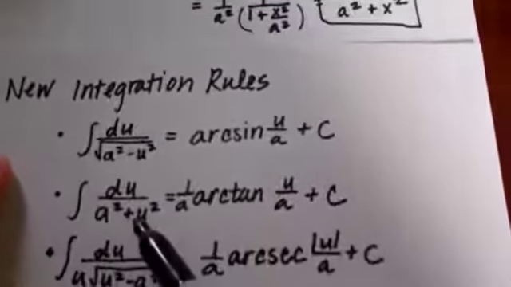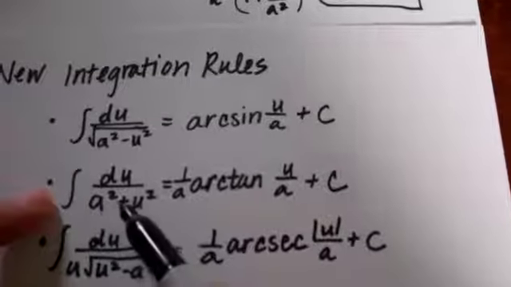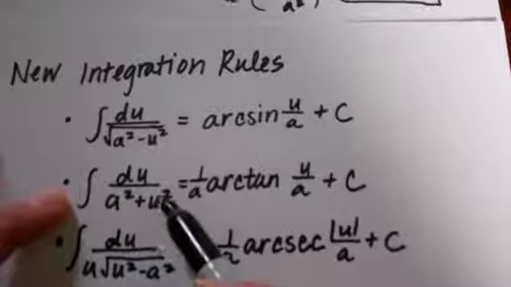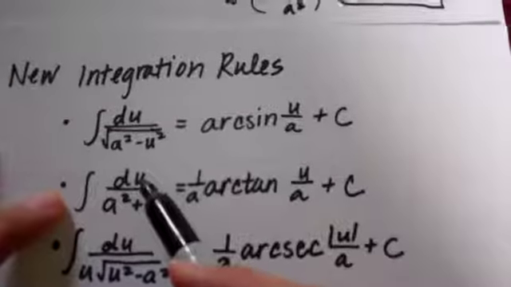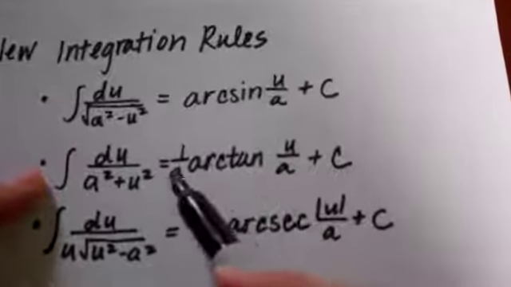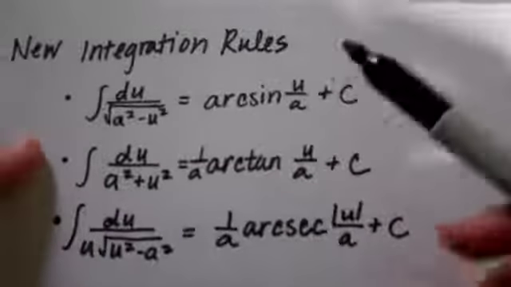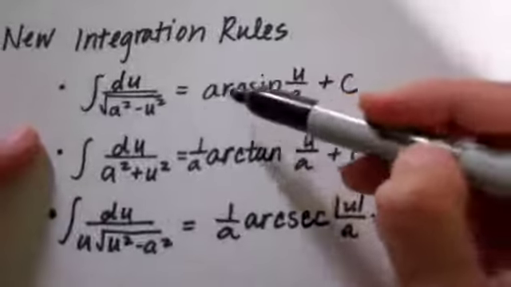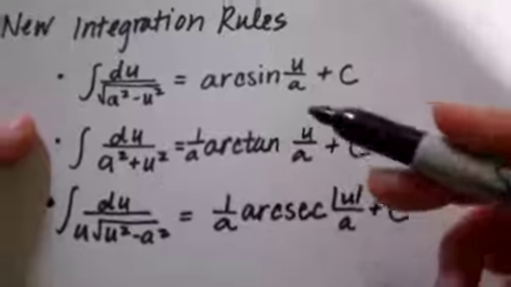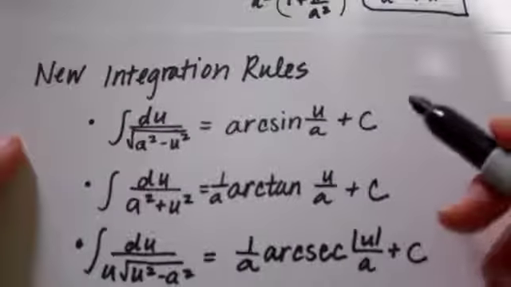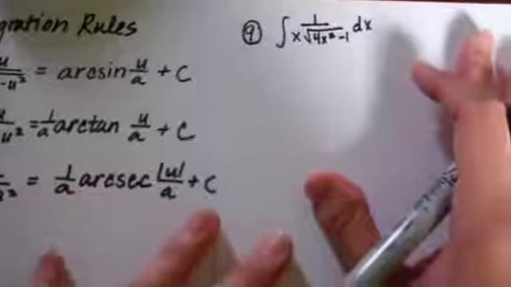That's this right here. So if you have some sort of perfect square plus perfect square, and then the derivative of that inner function squared up on the top, then you're going to have this equation right here to look at. Okay, and then same thing, we only have 3 for these arc functions. These ones are the main ones that we're going to be using.